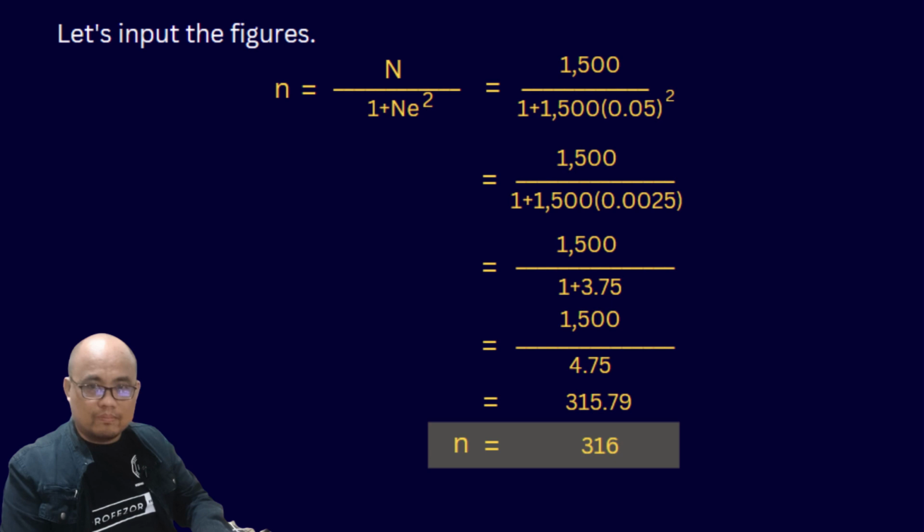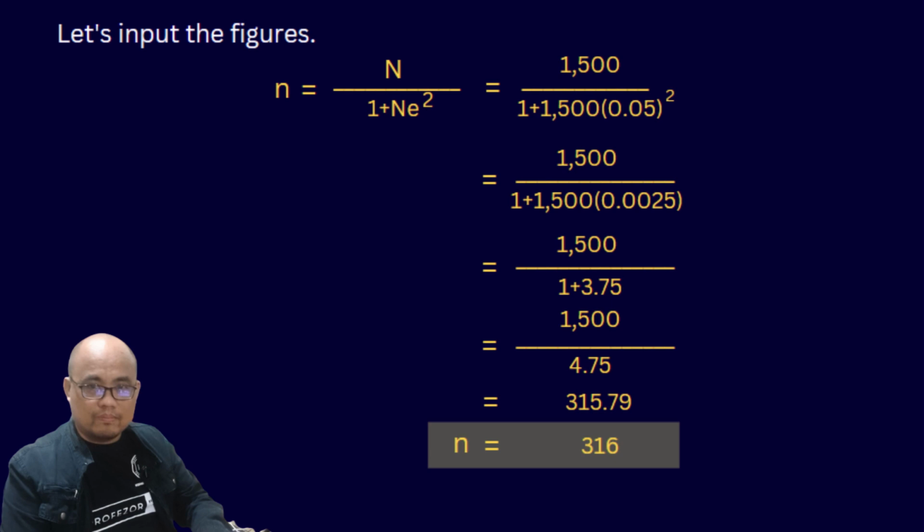Then we simplify it: 1,500 over 1 plus 1,500 times 0.0025, or this is the answer of 0.05 squared. Now let's simplify further: 1,500 over 1 plus 3.75. So where do we get 3.75?